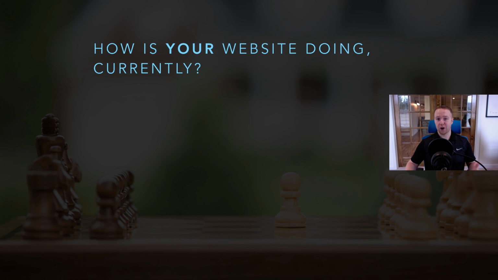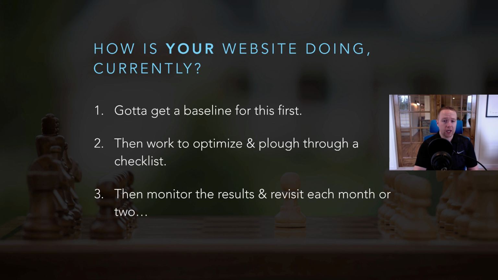Okay, so let's get started into this. I'm going to do a couple of practical exercises, and we'll delve into screenshots. I'll take you through the systems we're going to use to optimize your website. So the most important thing to start with is, where is your website currently? How is your website doing? So we've got to get that baseline first.